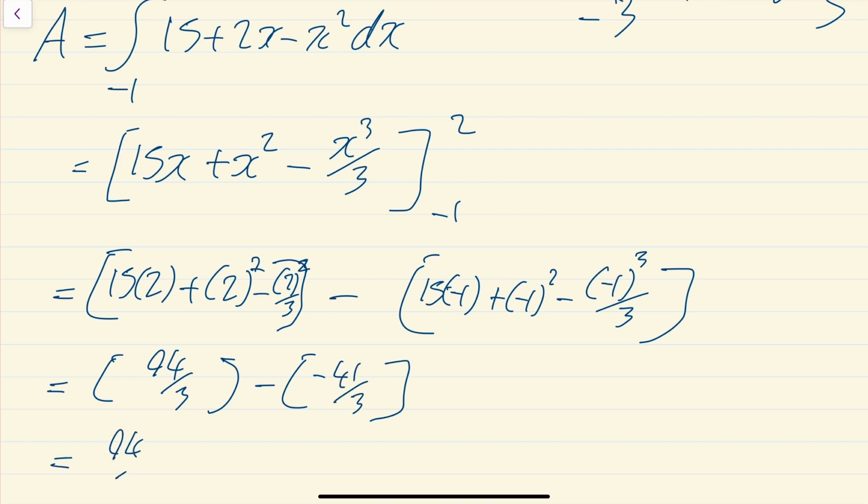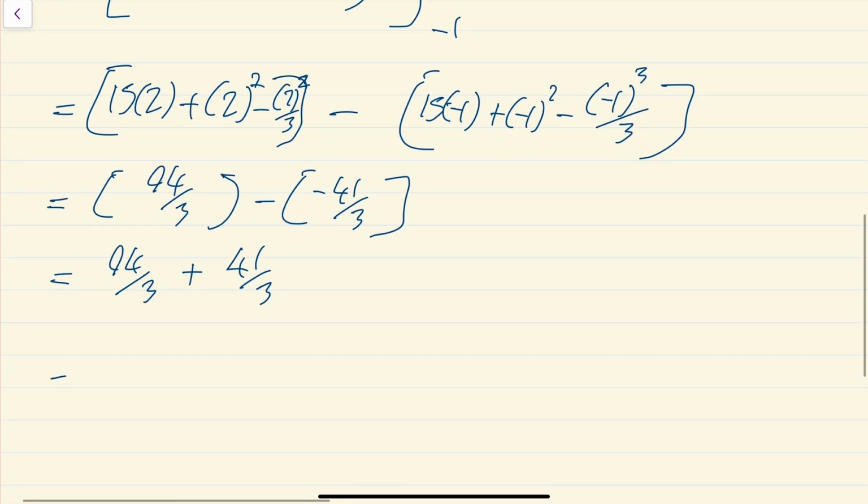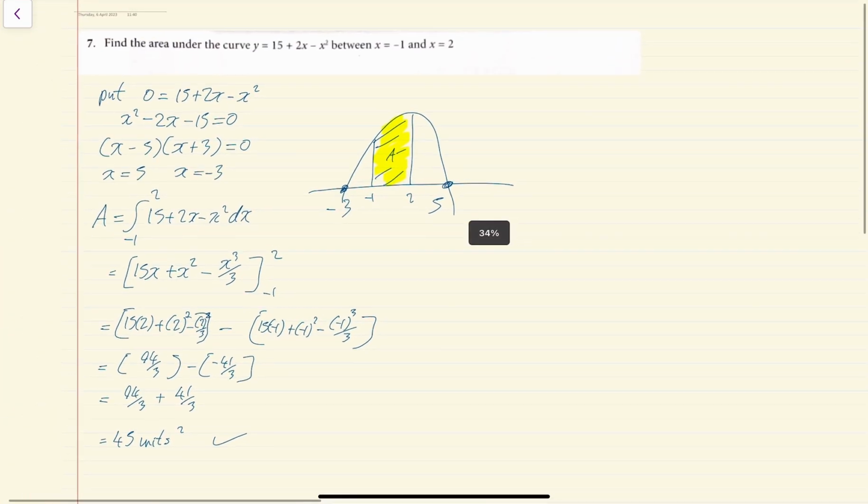So that becomes 94 over 3 plus 41 over 3. 94 plus 41 is equal to 135, and divide by 3, and that gets me bang on 45. So it's 45 units squared. And that is us done.